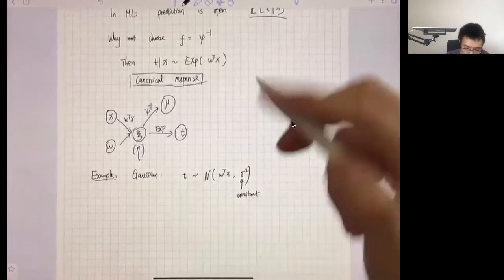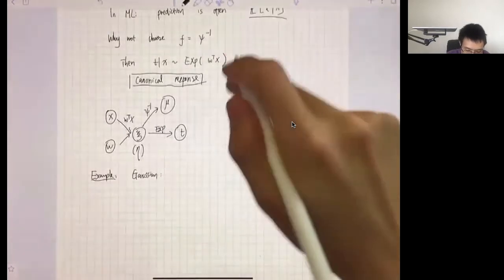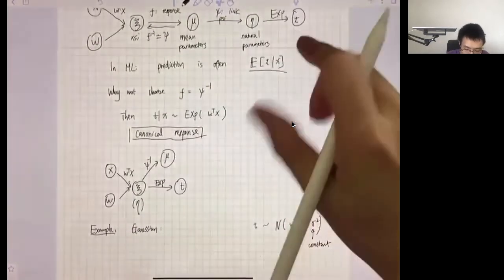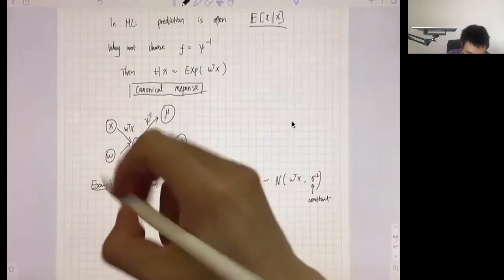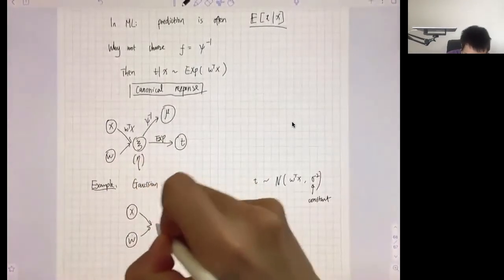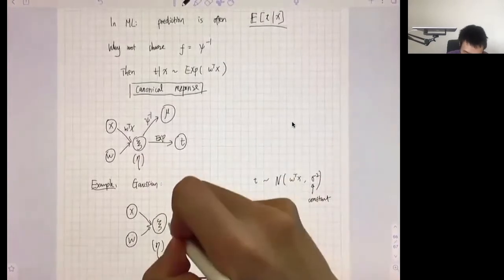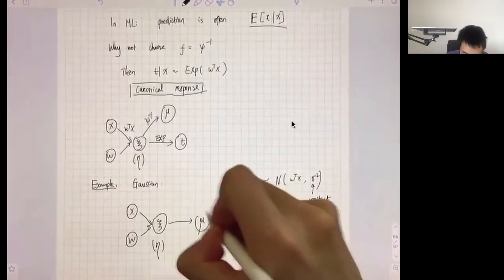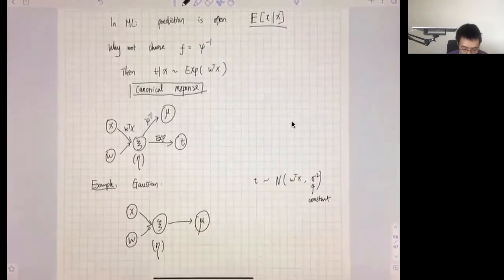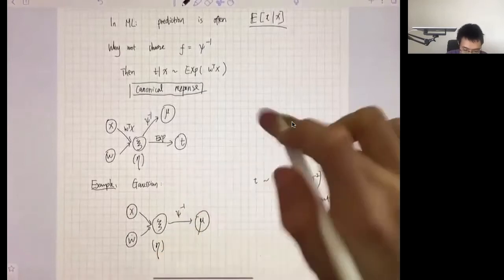So this is the mean parameterization, but we can follow the natural parameterization: I first have x and w, and then I get the psi, which is my eta. Then I would like to directly compute the mean. The mu is psi inverse.